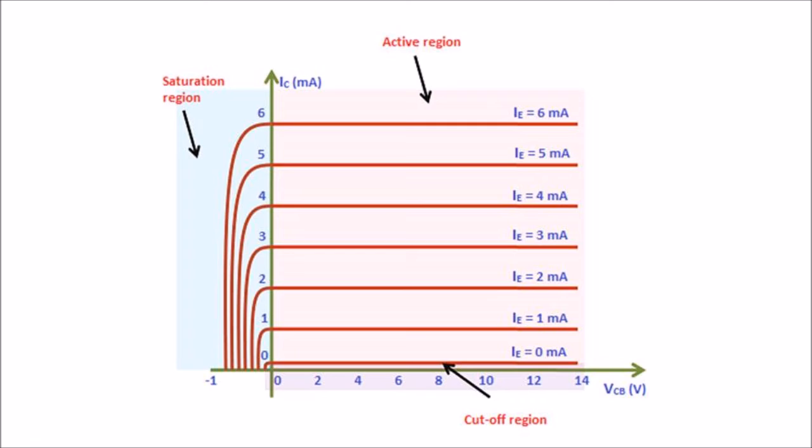At the saturation region, both the emitter base junction, that is JE, and the collector base junction JC are forward biased. From this graph, we can see a sudden increase in the collector current when the output voltage VCB makes the collector base junction JC forward biased.